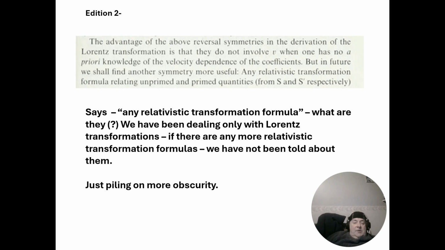Any relativistic transformation formula relating unprimed and primed quantities," that's from S and S prime respectively. So my complaint there is it says any relativistic transformation formula. What are they? We have so far been only dealing with Lorentz transformations. If there are any more relativistic transformation formulas, we have not been told about them. So it's just piling on more obscurity again.